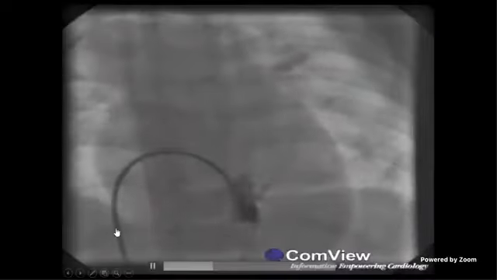Probably a VSD is there, and then another structure, another artery, is going, probably aorta. But there are no coronaries forming. We can see the coronary, so probably the aorta is arising from the RV, sir.